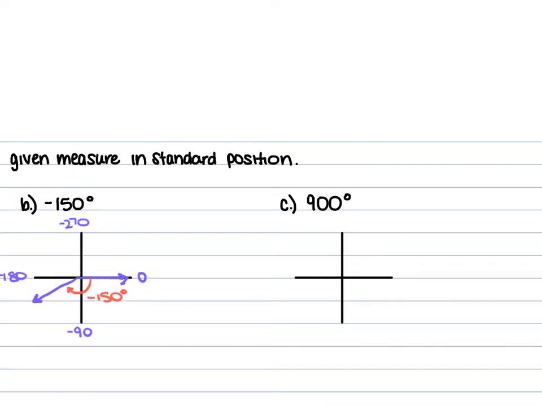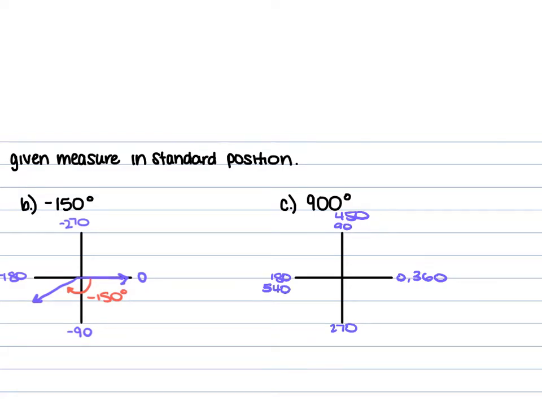For C, we have 900 degrees, so this is more than 360. We're going to label this 0, 90, 180, 270, then it's at 360. 360 plus 90 is 450. If we add 90 to that, we have 540, so this 180 is also 540.